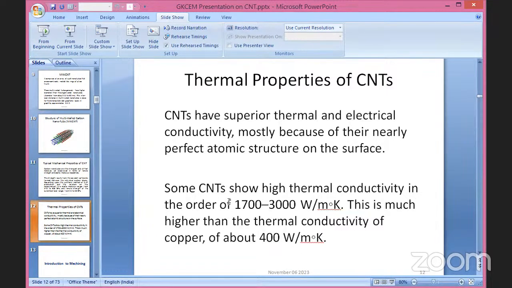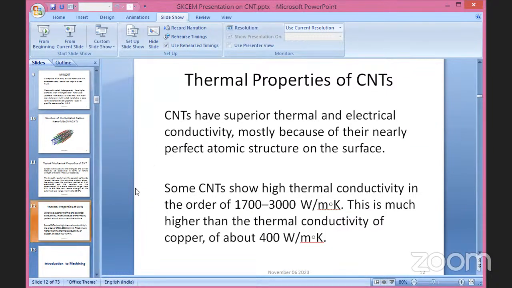So a small amount of CNTs, if you can put into alumina in a proper fashion, can give some conductivity to this otherwise insulating alumina also. That is one important thing that CNTs can give.